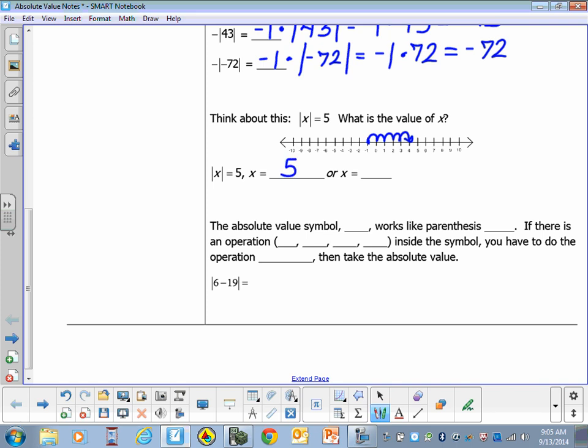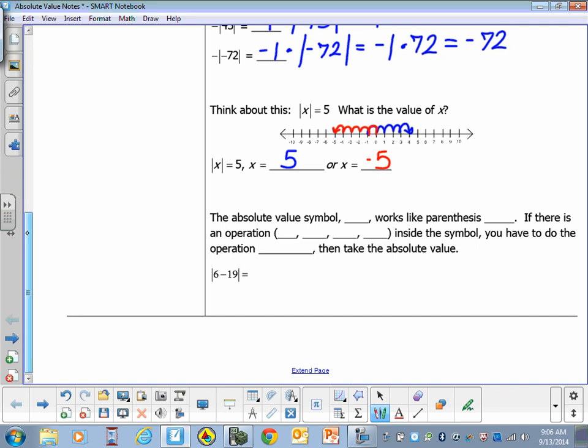However, I could also count 5 spaces down, and I would be at negative 5. When you take the absolute value of a variable, there are always two answers, a positive answer and a negative answer, because I can go up the number line or I can go down the number line.